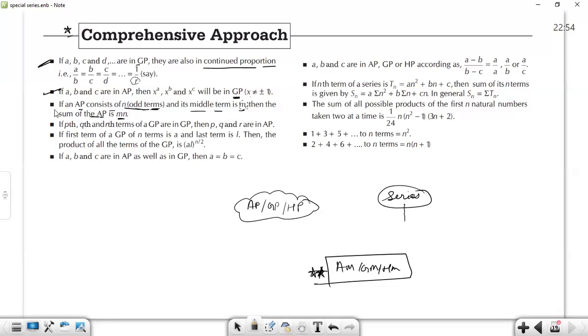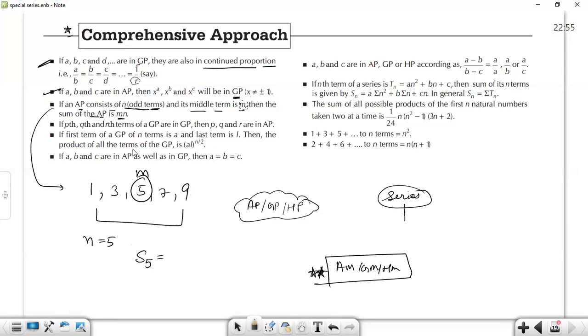Let's take an example. Let's say there are 5 terms in the AP. So n is 5 here. M is the middle term, which is 5. Sum of the AP, meaning the sum of all 5 terms, has to be M into n. This is basically S of n.